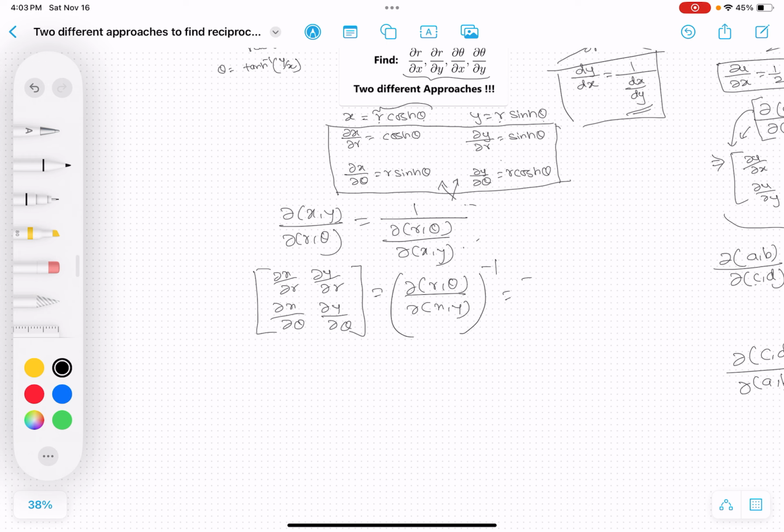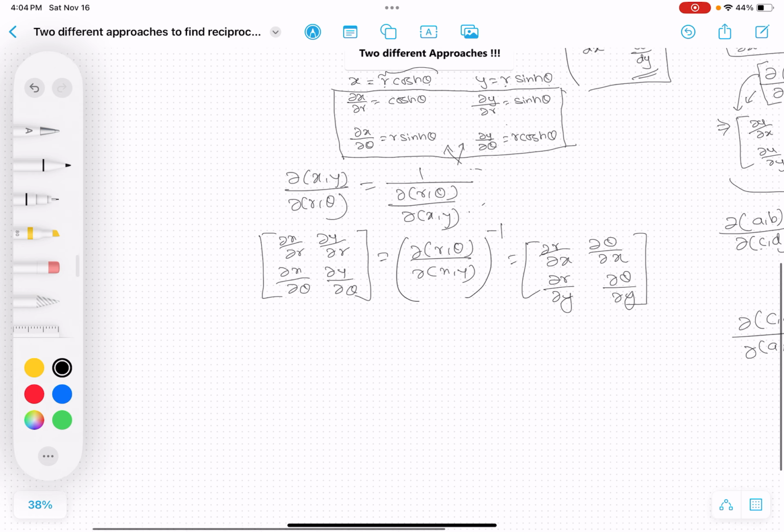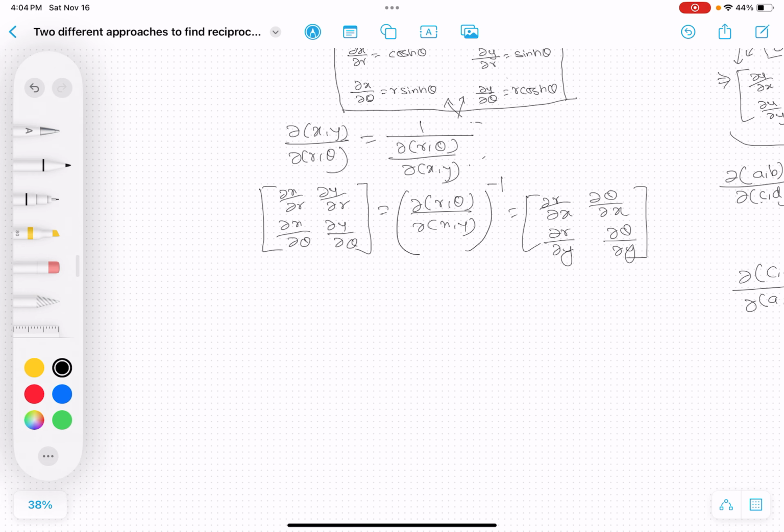And that will be equal to partial r by partial x, partial theta by partial x, and then partial r by partial y, partial theta by partial y, right?